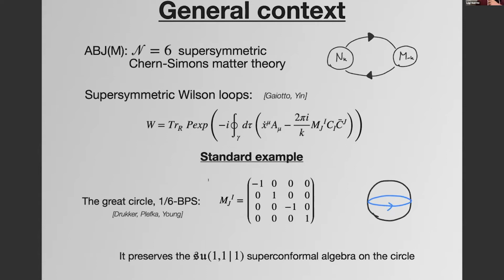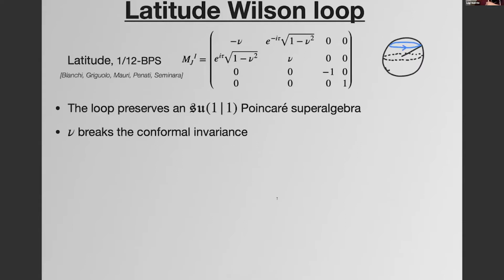It is 1/6 BPS, and it is characterized by this constant matrix. The loop preserves an SU(1,1|1) superconformal algebra on the circle. The simplest but non-trivial deformation we can consider is the latitude, which is 1/12 BPS.